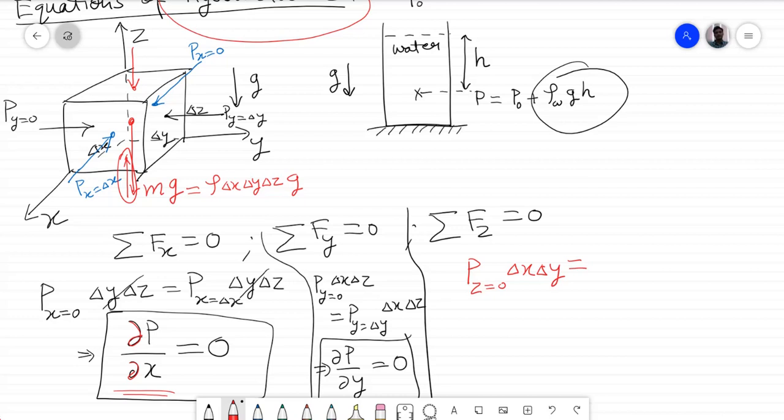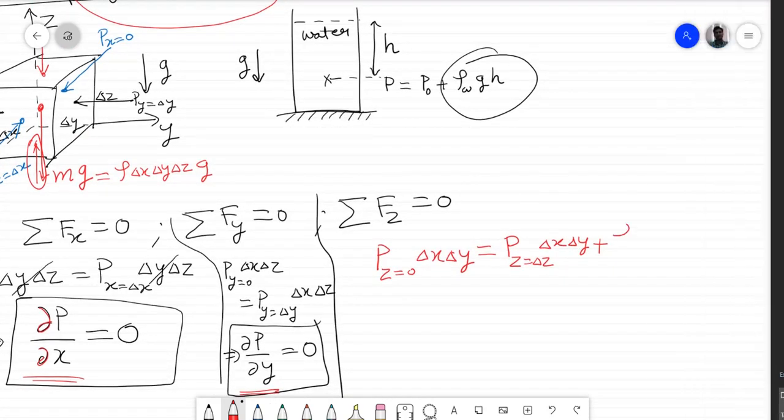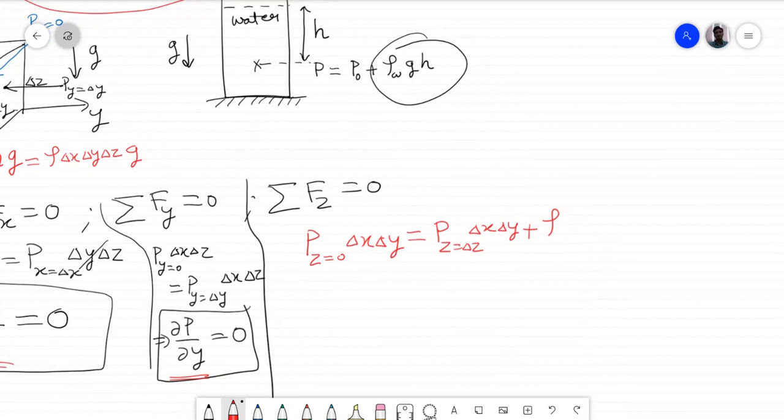This is equal to both the forces acting downwards, which are pressure at z equal to delta z times delta x delta y, plus the mg force, which is density times delta x, delta y, delta z, g. Now what we'll do is we'll divide and multiply by delta z in both these terms and take them on one side.